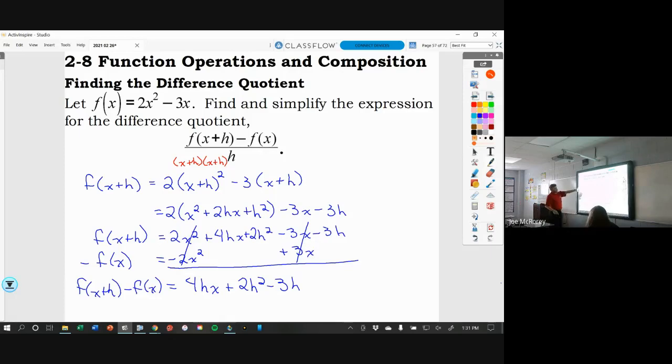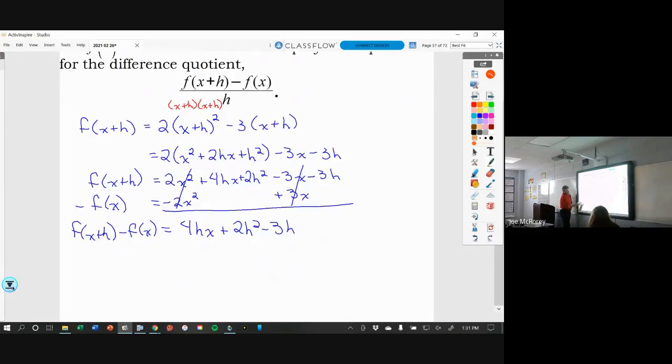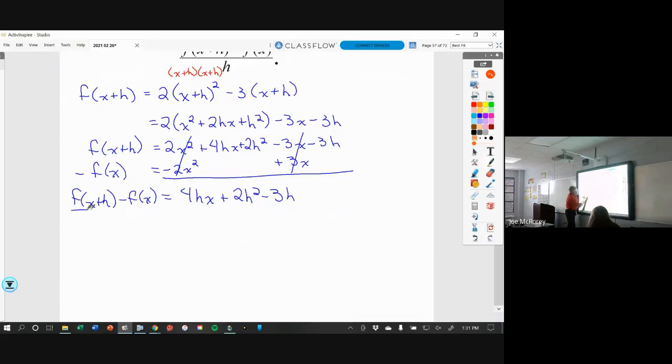Now back to what we're finding, the difference quotient. It's f of x plus h minus f of x divided by h. So I will divide this by h, and this by h. Can you see anything that's about to happen? You're about to cancel the h's. Not all the h's, because of the 4hx.